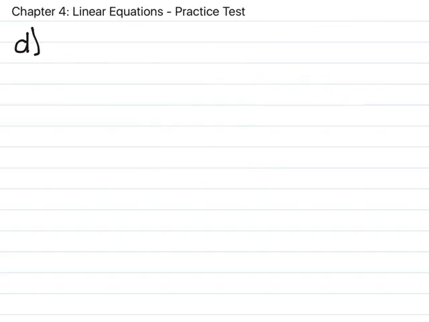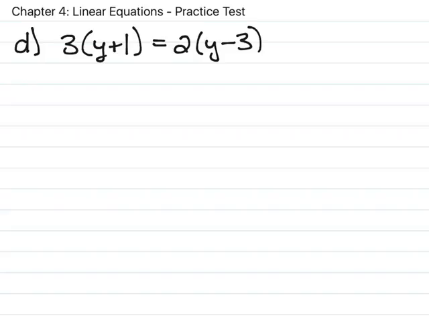D. So you have 3 times y plus 1 equals 2 times y minus 3. Again, I'm going to start by expanding both sides.